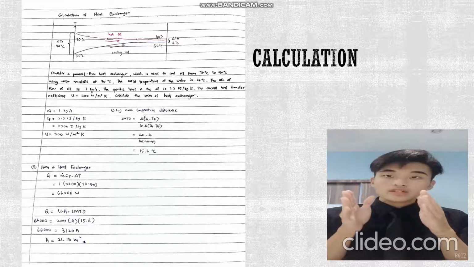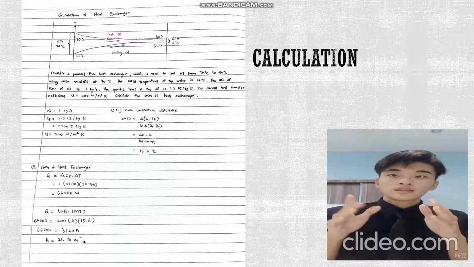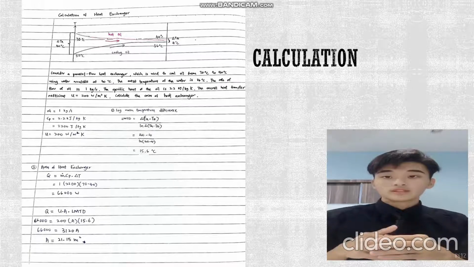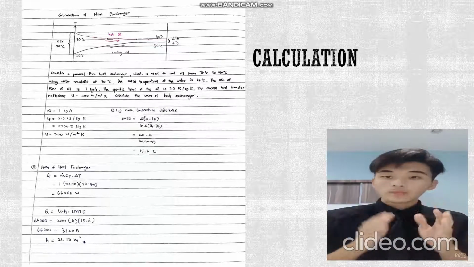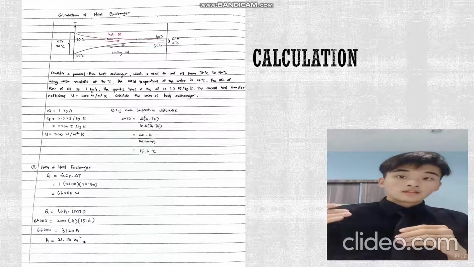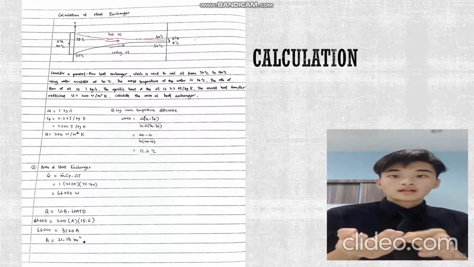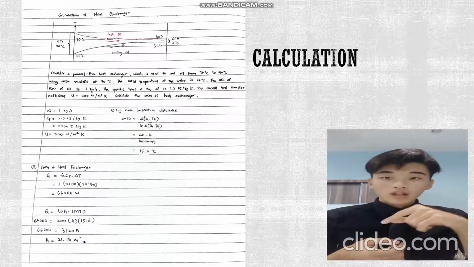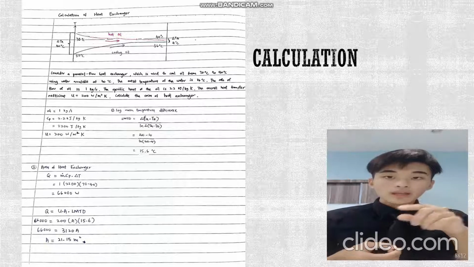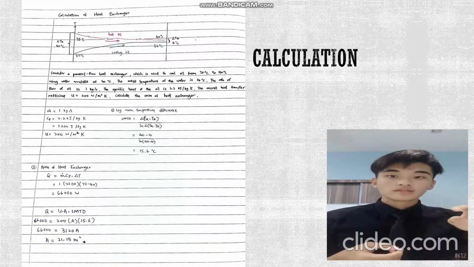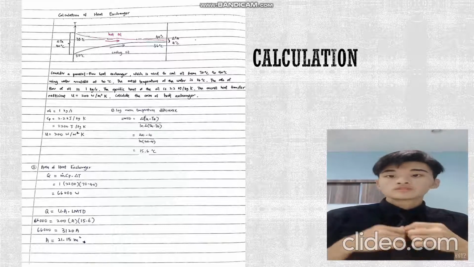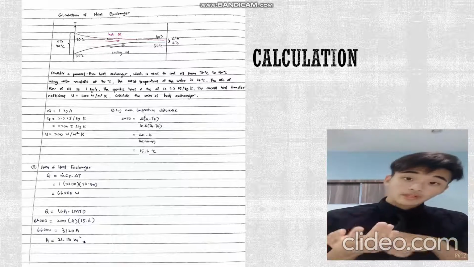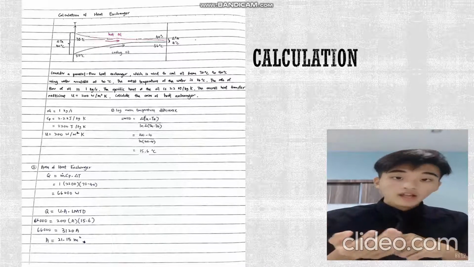From the figure, we can find that the temperatures of hot oil and cold oil are given, so we can find the log mean temperature difference by using the formula: delta temperature A minus delta temperature B divided by ln delta temperature A minus ln delta temperature B. We substitute the values into the formula, we get 40 minus 4 divided by ln 40 minus ln 4.